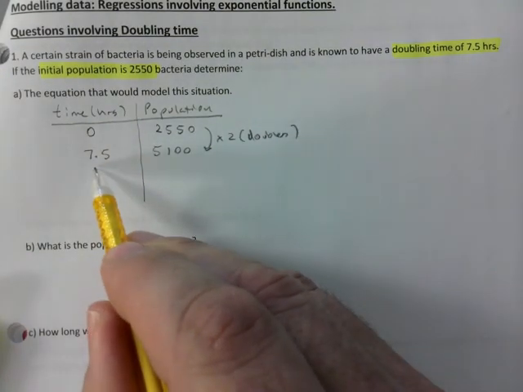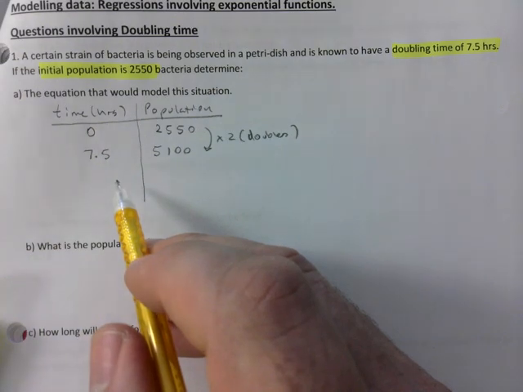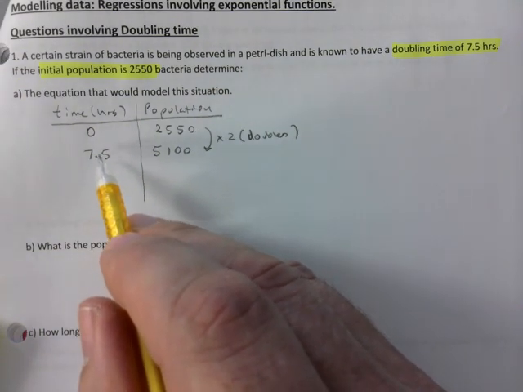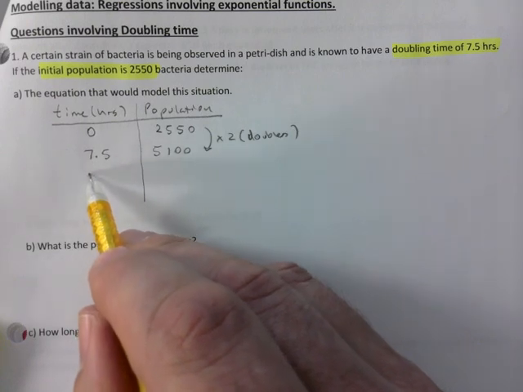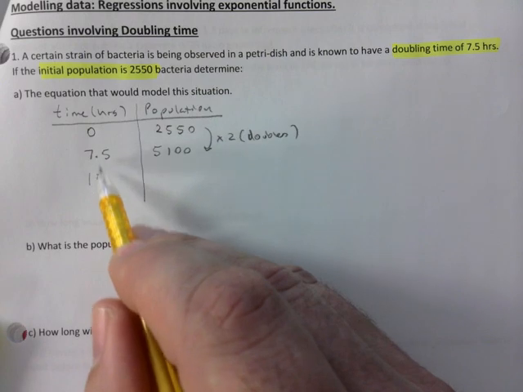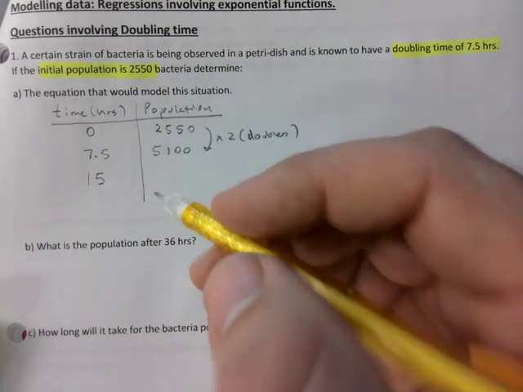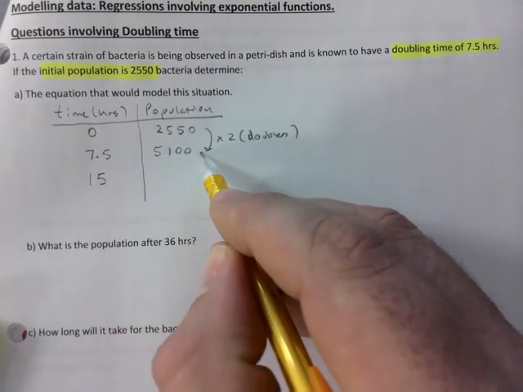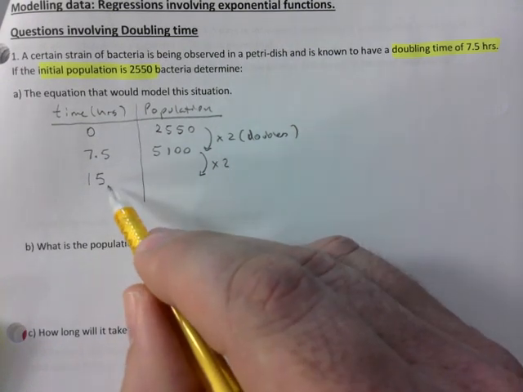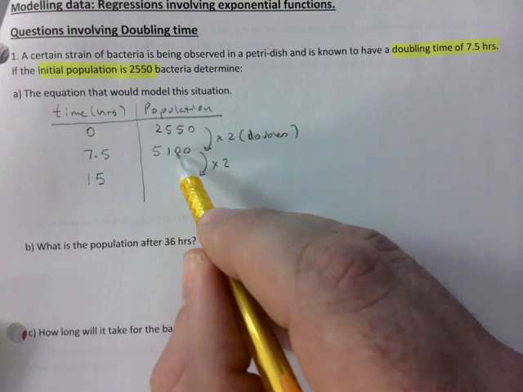This is where a lot of students, for some reason, want to double everything. They think, oh, two times this, because 7.5 and another 7.5 is 15, so they think it's doubling, but it's not. You will see when we do another iteration. When another 7.5 hours go by, you're going to double what you had previously.